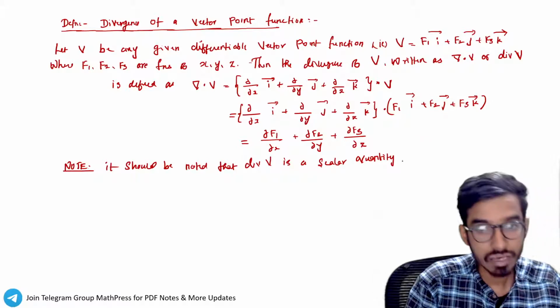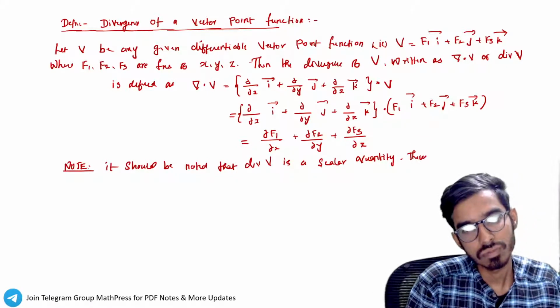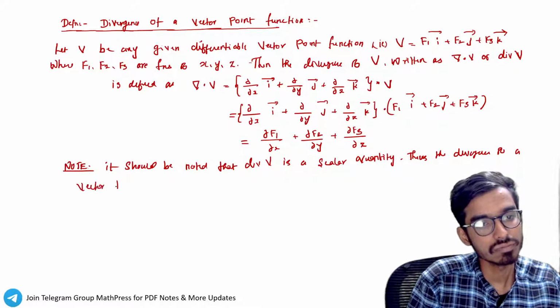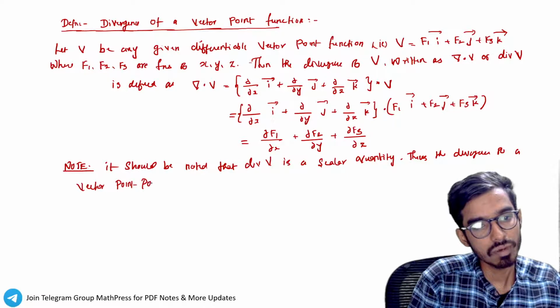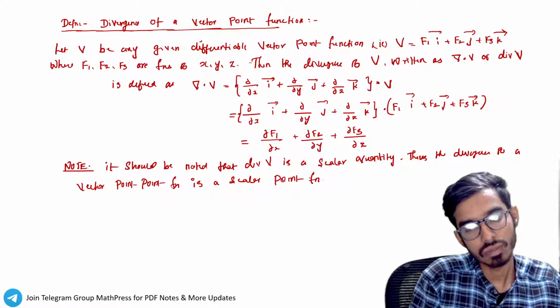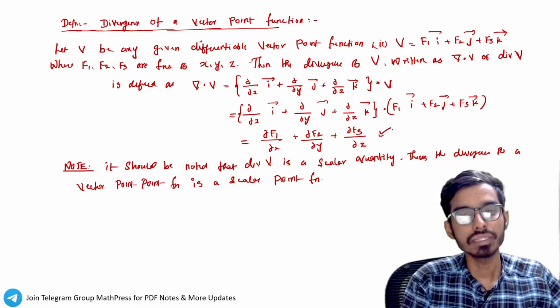Thus the divergence of a vector point function is a scalar point function, right? So very simple. Just remember this formula.